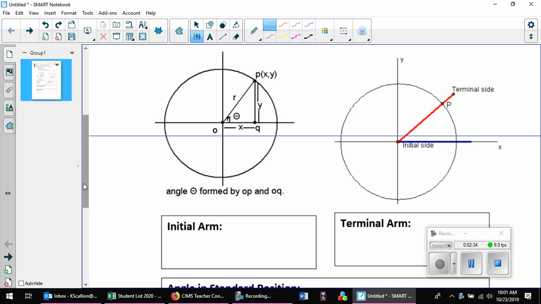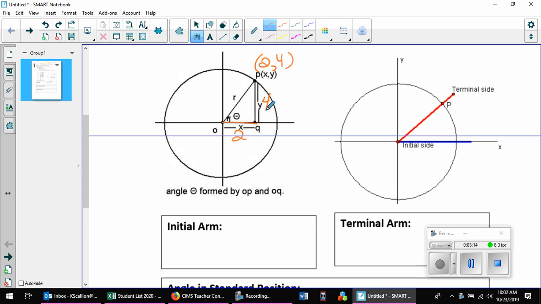If we have a point on the unit circle, so let's say this is (2, 4), we know the base of our triangle is going to be 2, because we're starting from the origin, which is (0, 0), and going 2 to the right in our x value. And for the height of the triangle, we're starting at 0 and going up to 4.